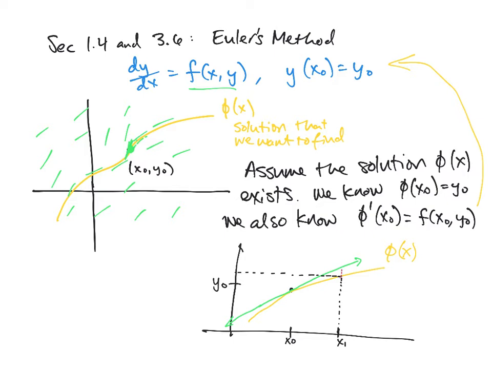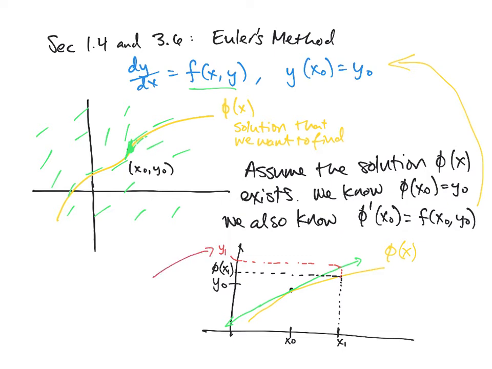And then we can go up here. So the black one is, the y value is phi of x1. And the red one is, I'm going to call it y1.